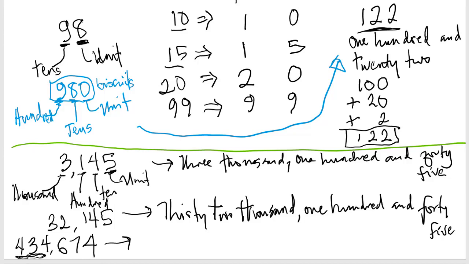You can see it's like if you split it this way, it's like you're reading 100. So you say 434,000, then you now go to 674. So you say 434,000.